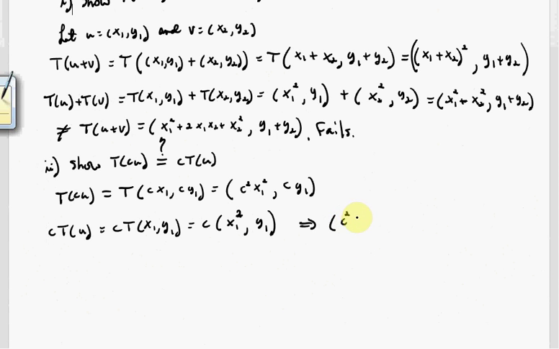This is c squared x squared, comma, c y sub 1. It's not the same thing as, you can put this c inside if you want to, just to see that. This is (c x sub 1) squared, comma, c y sub 1. That first one has the c squared in there. This is just c. So T of cu is not equal to c times T of u.